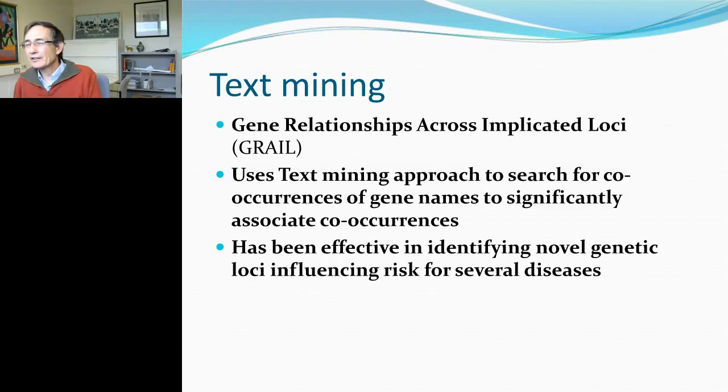The advantage of this is that it's quite automatic and updates very quickly, and it does provide new insights. The disadvantage is that just because a couple of genes are mentioned in a paper does not necessarily mean that they have meaningful interactions at the protein level. So it's a useful resource, but more limited than the other pathway-based approaches I described previously.